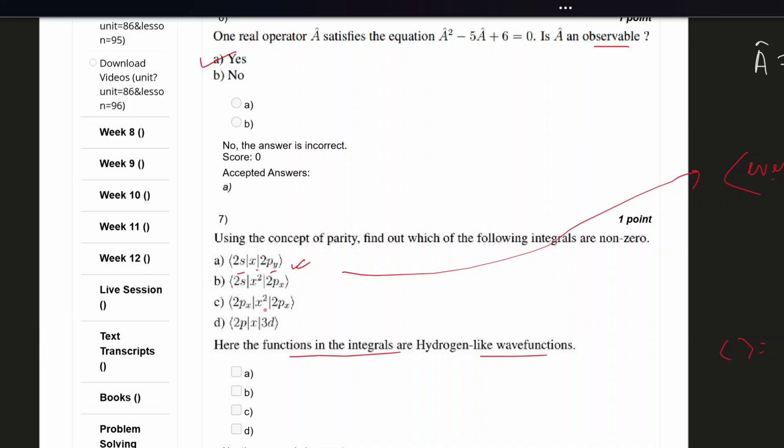Then this one, where x squared is even, 2px and 2px on two sides are actually odd. So odd and odd two times makes it even. So this whole integrand is not equal to 0.